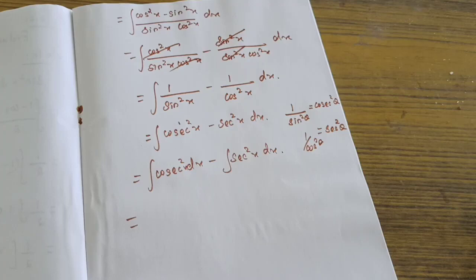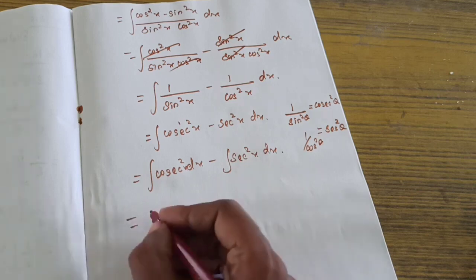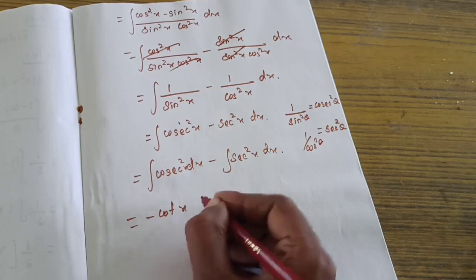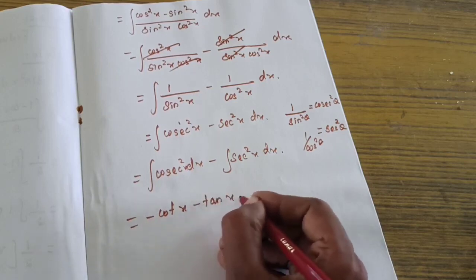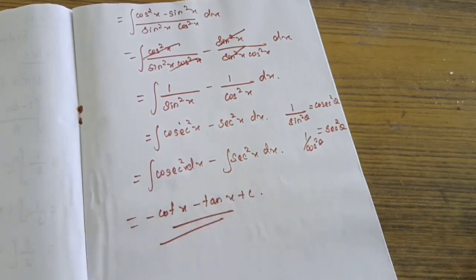Minus cot x. So minus cot x minus tan x plus c. Understand? The integration of cosecant square x is minus cot x, and the integration of secant square x is tan x. Now I applied the formulas. Have you got it?